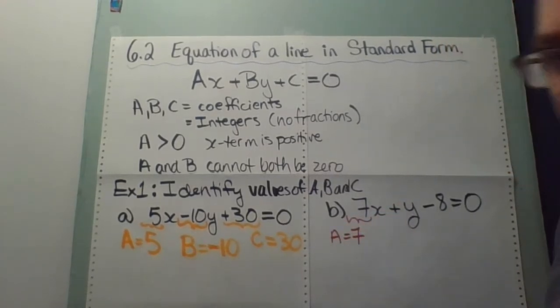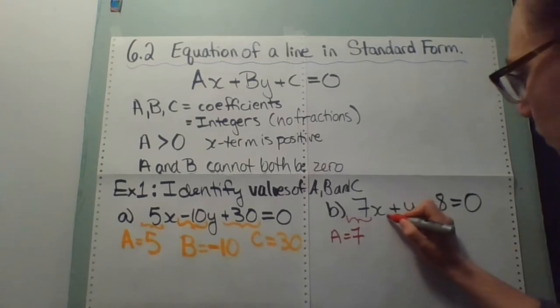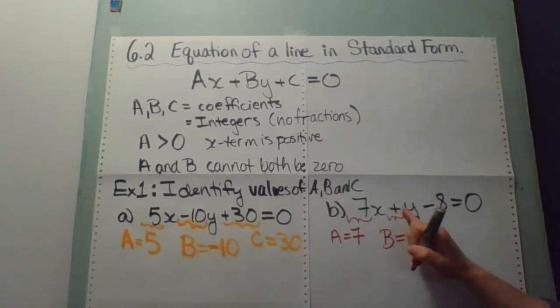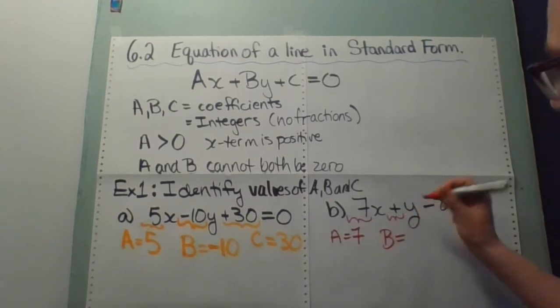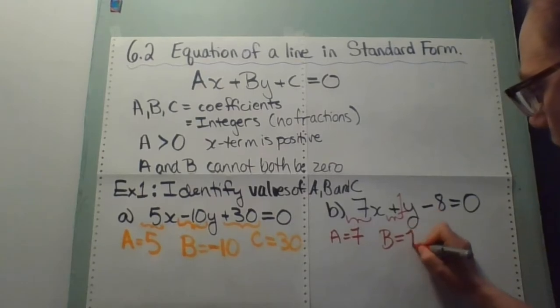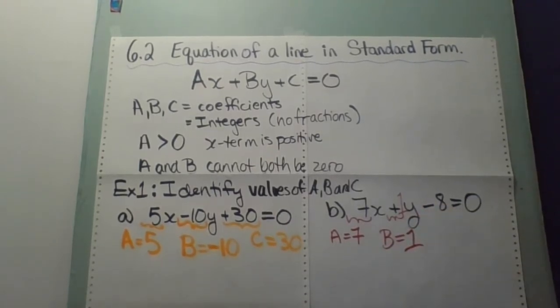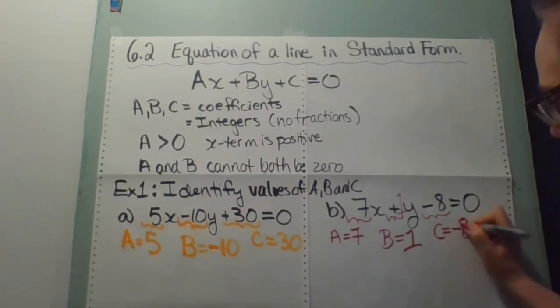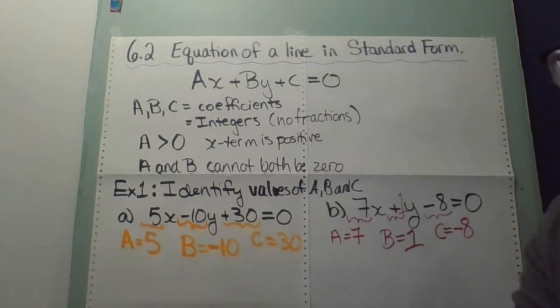So our a is 7. The number in front of our y is our b value. And if there's no number there, just like when we were solving equations, then there's a 1 that's there. So b equals 1 because I only have one y. And then C is the number that has no letters, so it's negative 8. Good.